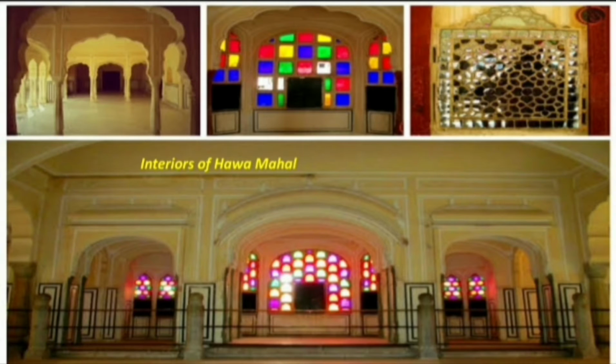This is the interior of the Hawa Mahal, and I think all of you know there is a natural cooling atmosphere in the premises of this palace. There are 953 small windows known as jharokhas.